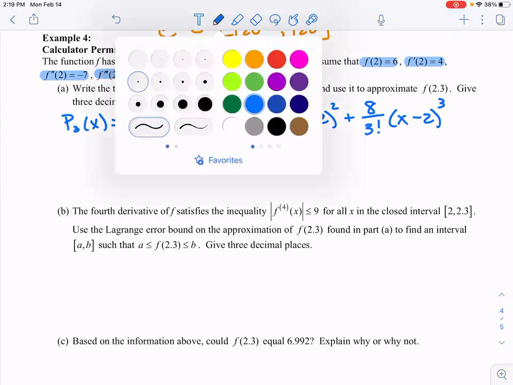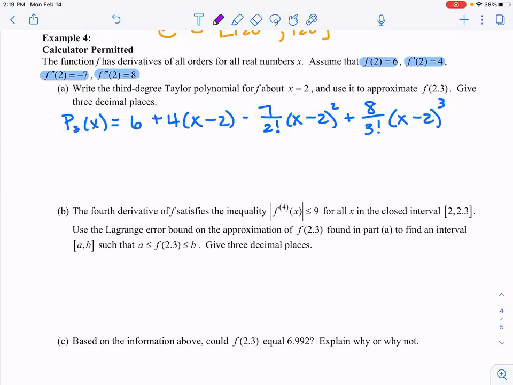But what I want you to do, it's asking us to approximate f of 2.3. So f of 2.3 is approximately our polynomial when we plug in 2.3. Here's what makes this nice. We're always going to be given a value close to our center.